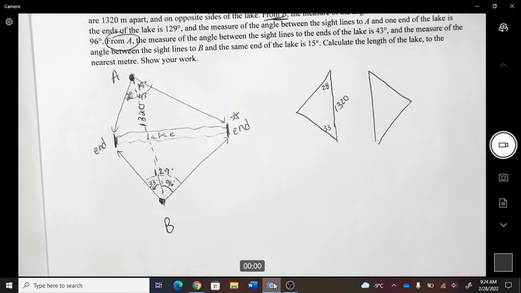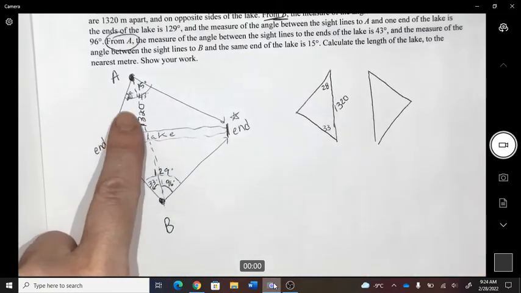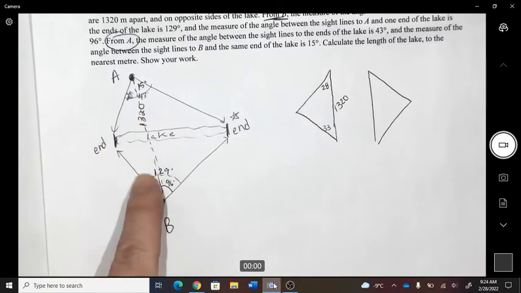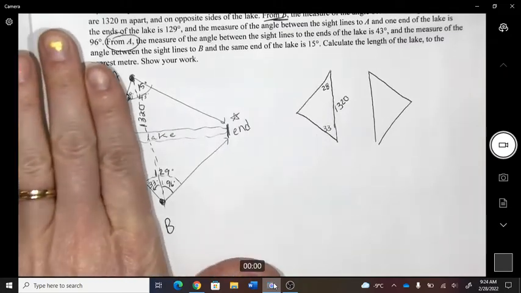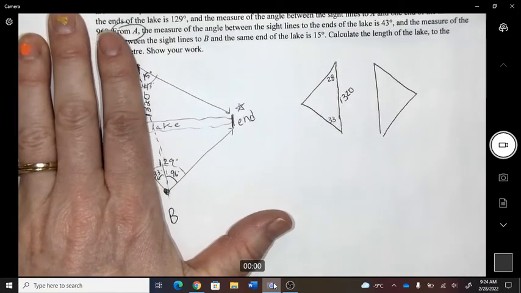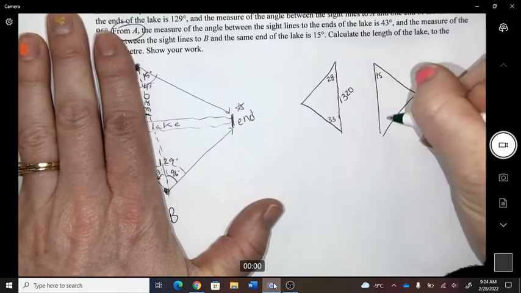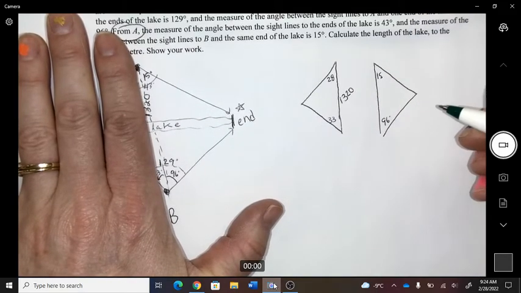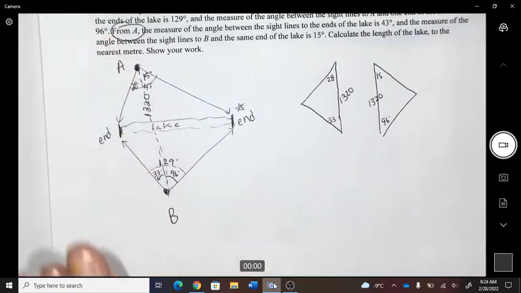So do you see which triangle I'm looking at? There was a 28 there, a 33 there, and I know that that distance is 1320. Okay, now I'm going to look at just this half. I have a 15, a 96, and a 1320. Again, obviously my diagram's just not to scale. I'm sorry about that.